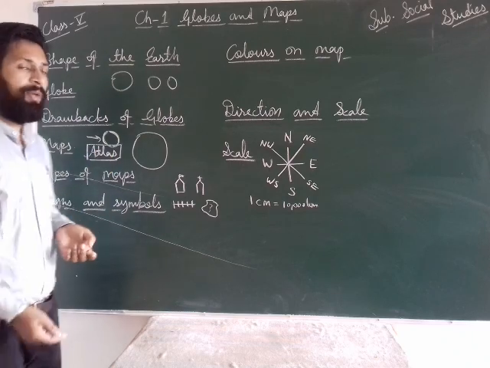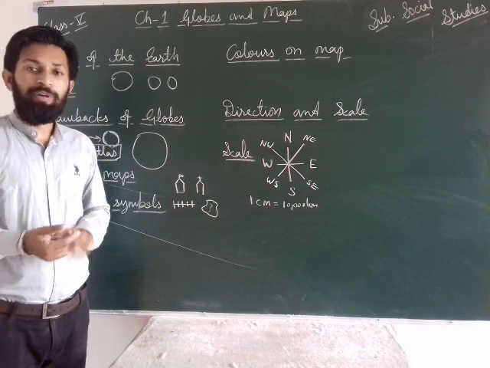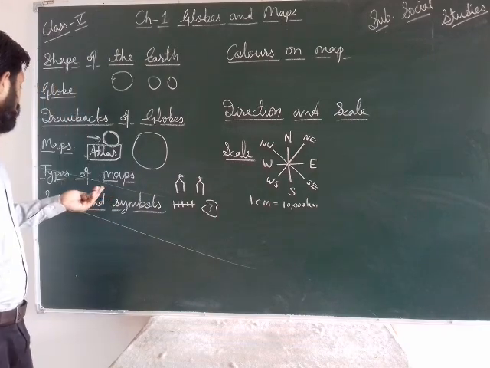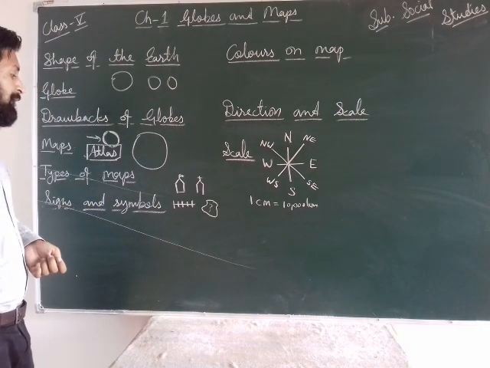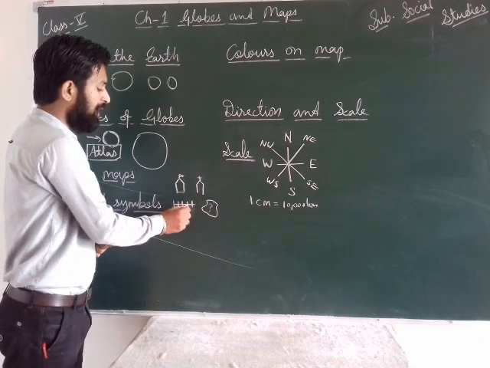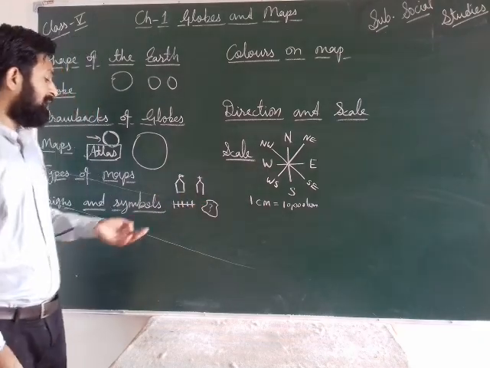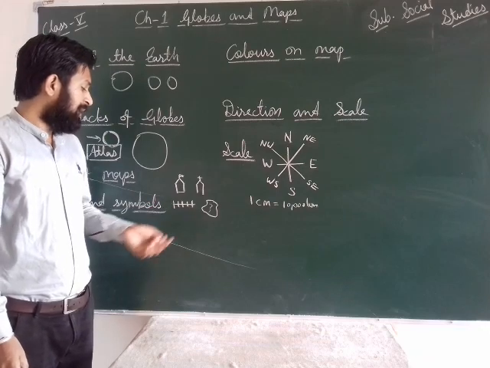Types of maps. Many types of maps are there, like thematic, political, and many more types of maps are also there. Signs and symbols. Many types of signs and symbols are used on maps to easily understand that type of place on the map.